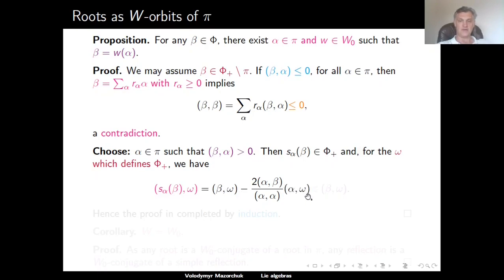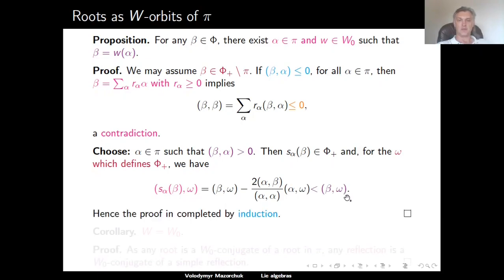This is a positive real number because of our definition of positive roots. 2 times the scalar product of alpha and beta, this is positive by our assumption, divided by the scalar product of alpha and alpha, which is also positive. So this second summand is strictly positive. So we deduce that the scalar product of S alpha of beta with omega is strictly smaller than the scalar product of beta with omega.